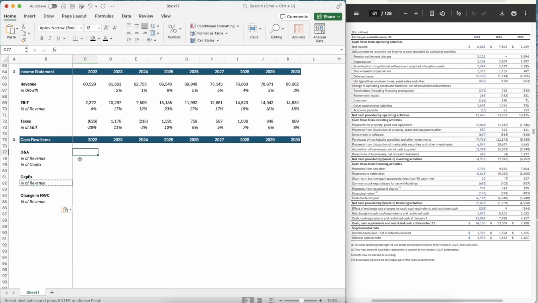So let's start doing that. Okay, DNA. 2407, 2395, equals 2407 plus 2395. It's a percentage of revenue.